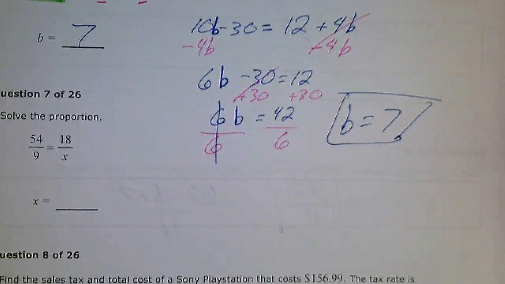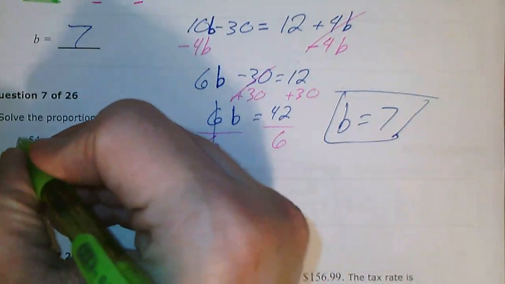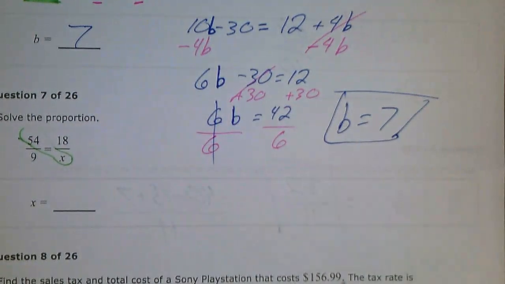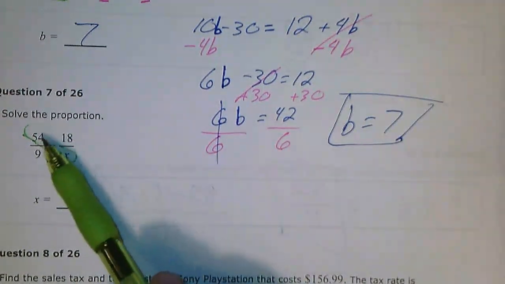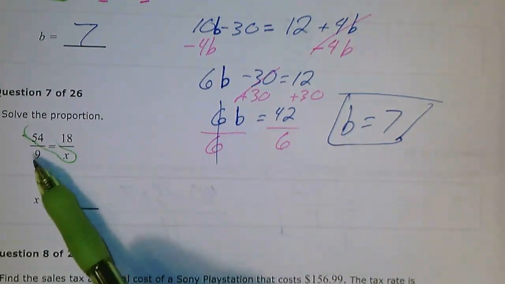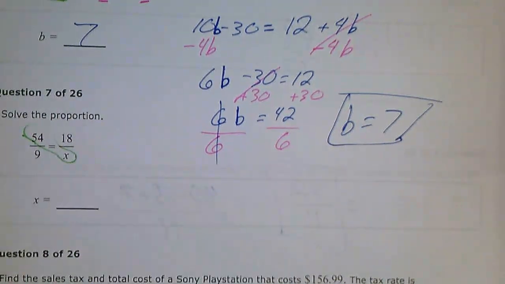We will solve this proportion. This is where we get to use what's known as the butterfly method. A proportion is where we have two ratios, two numbers being divided, set equal to each other.